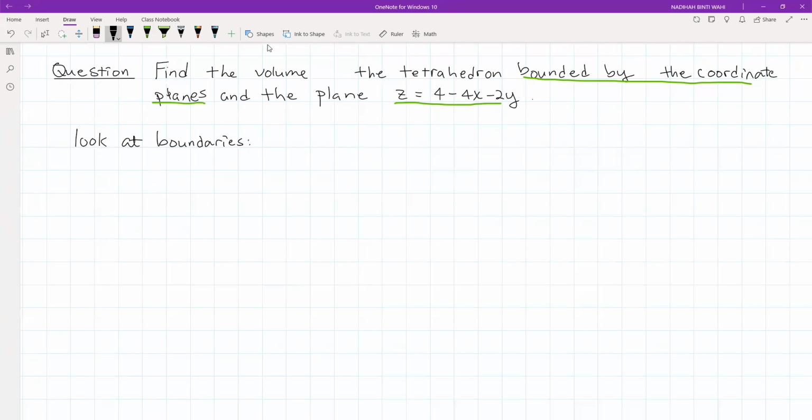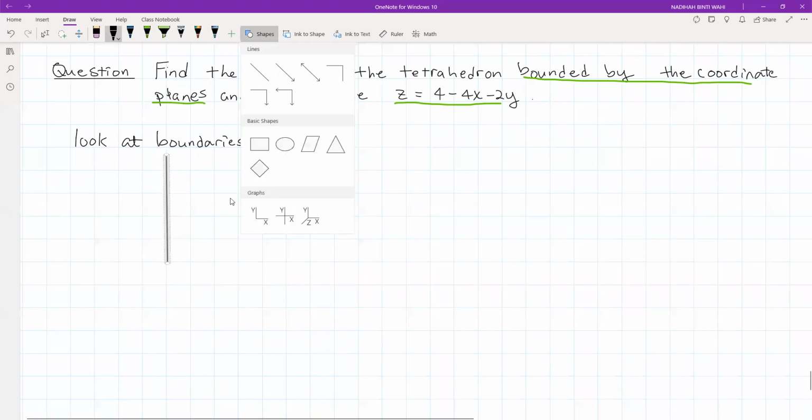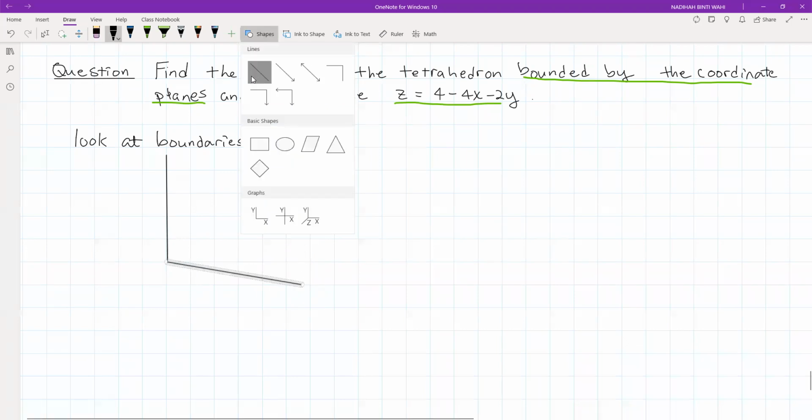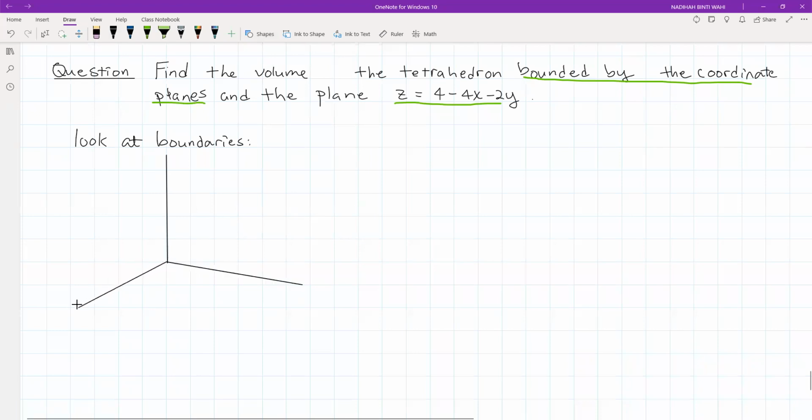Okay, so if we draw this again, the z-axis, and then y, maybe that way, and then x. Okay, the easiest thing to do is to try sketching. As I have told you many times, try sketching because we want to see by sketching.